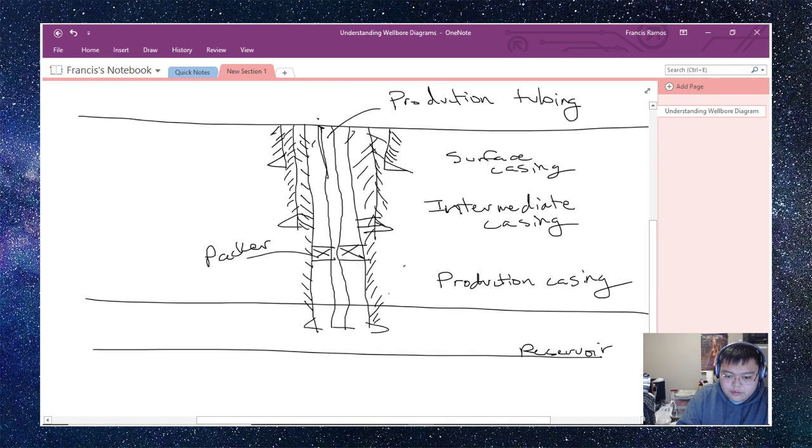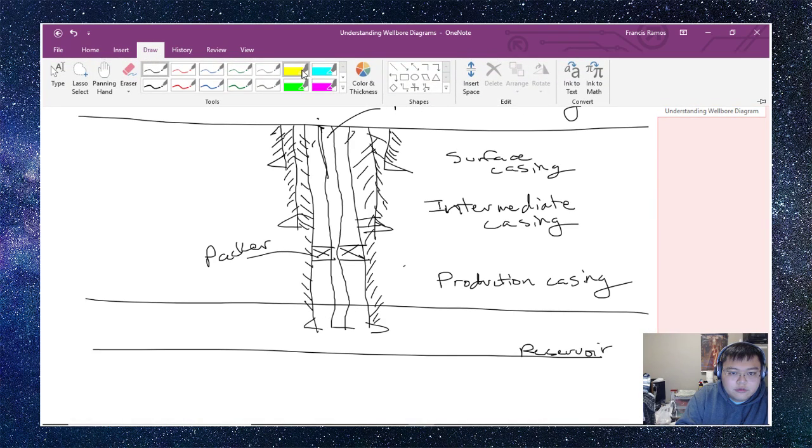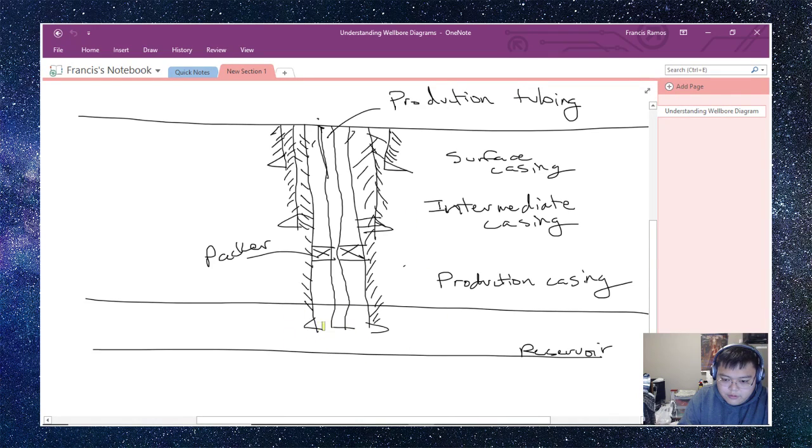From our production casing and tubing, we look at the drill collars and determine the sizes of our intermediate casing.